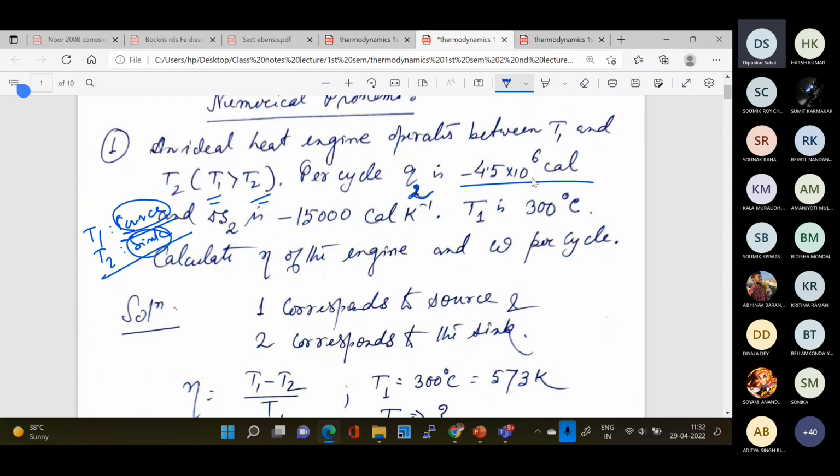Now Q2 is equal to minus 4.5 into 10 to the power 6 calorie. What does it mean? That means per cycle, this amount of heat is released in the sink. The heat is released, that's why it is a negative quantity. And where will heat be released? Heat will be released in the sink. Sir, Q2 should be positive because the sink will absorb the heat and the source will release the heat. That's true.